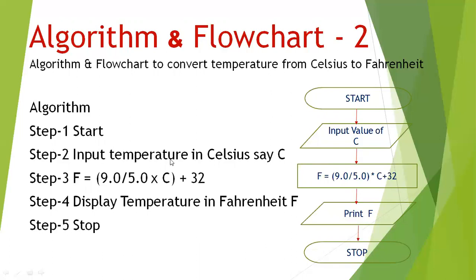Input the temperature in Celsius is an input, and we are displaying the output Fahrenheit. So these are input and output symbols, and that's the reason we have represented them using the parallelogram. And here we are processing: we are taking the Celsius temperature and converting it into Fahrenheit. So it is a process, and the process is represented using the rectangle symbol. So this is how we can write algorithms and flowcharts.